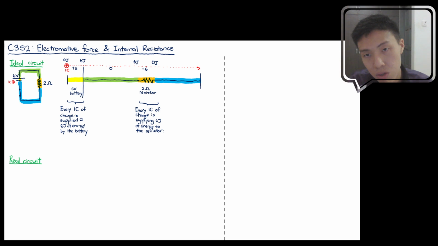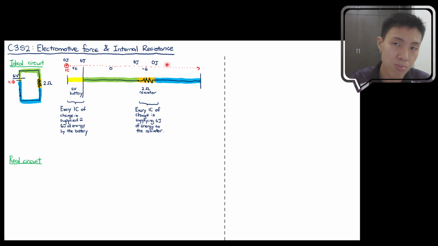Okay, so that is what happened. So you end up with no energy at all. So that charge, having 0 energy right now, will come back to the negative terminal of the battery.